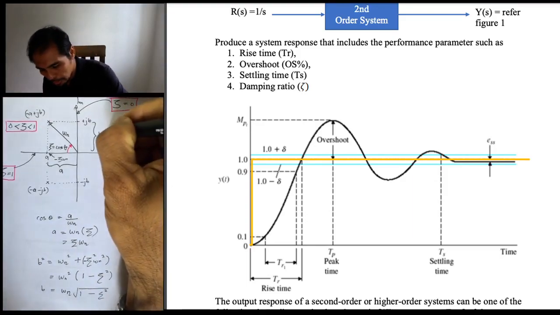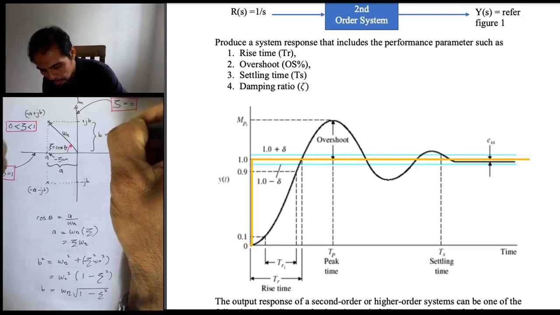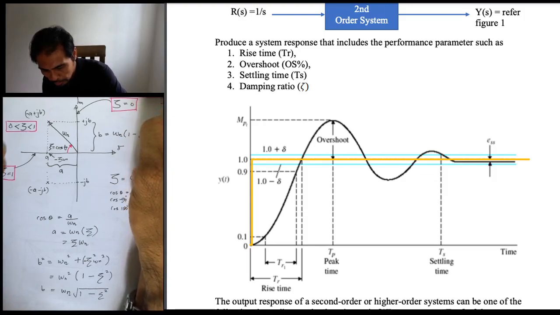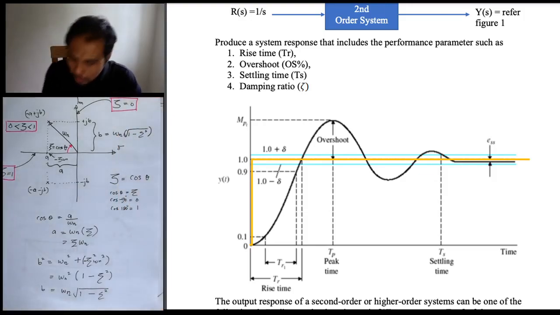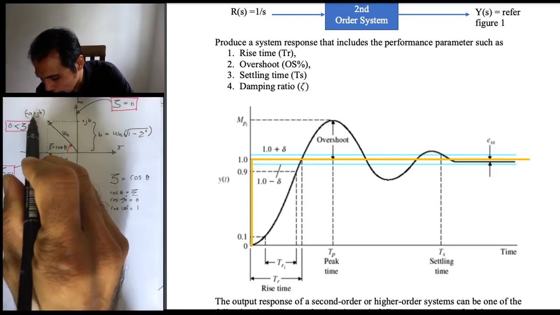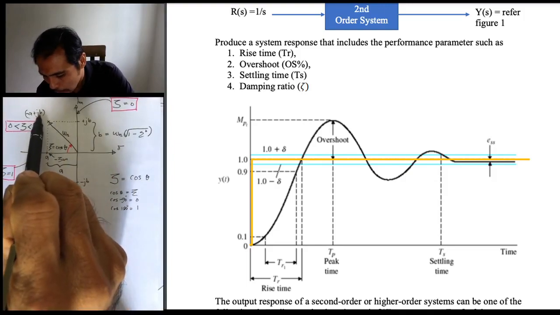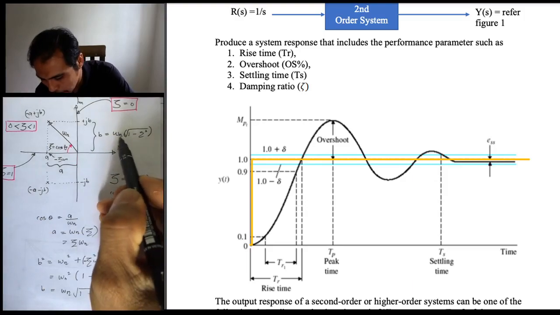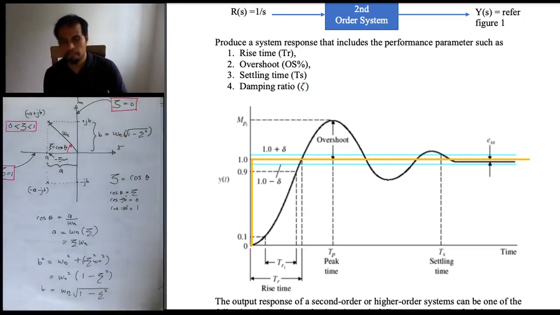So now our B is omega n times the square root of 1 minus zeta squared. Okay, now we can complete the model for this point here, A plus jB, which represents A as minus zeta omega n, and B is this one, right?